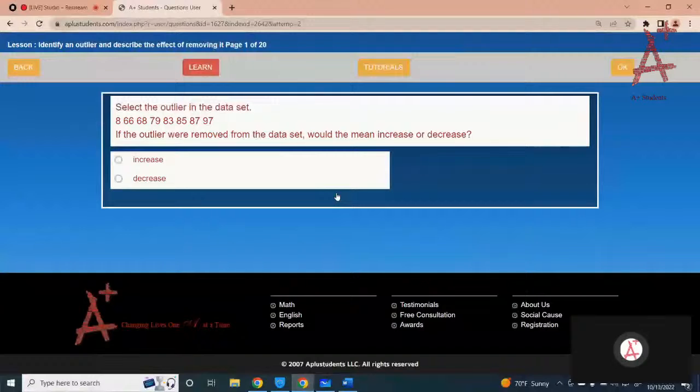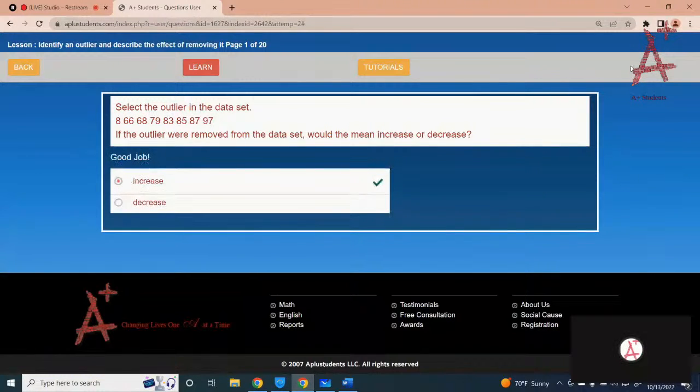Got it? Removing a small outlier increases the mean, and removing a greater outlier decreases the mean. So select the correct option and click on the OK button.